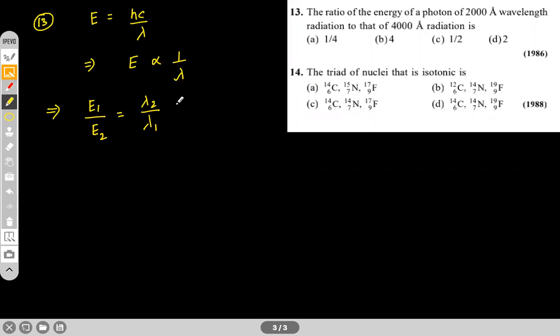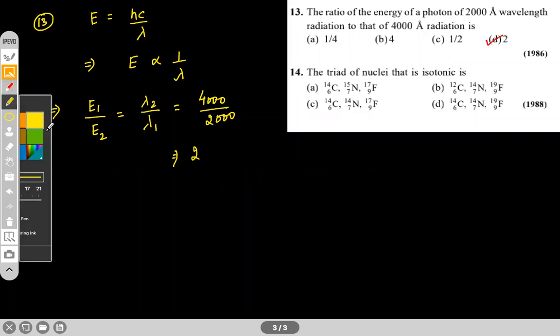So this is equal to, lambda 2 is 4000 and lambda 1 is 2000. So when you solve this, you'll get 2. So the ratio E1 by E2 is 2:1. The answer is option D.